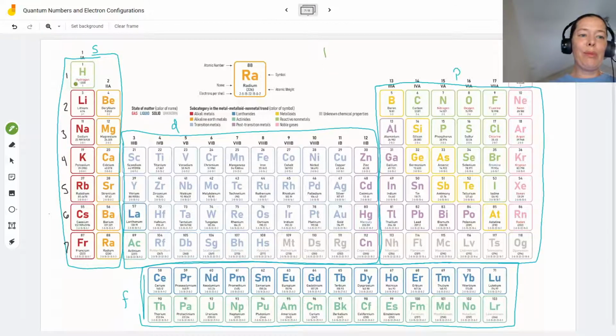Well, it is in my block for the S's, so it is an S orbital. The next question is how many electrons are in that 1s orbital for hydrogen? Well, hydrogen has one and only one electron, so that becomes a superscript here. So this is the electron configuration for hydrogen. It has one electron, and it is in the 1s orbital.